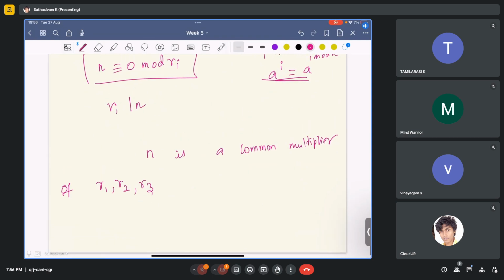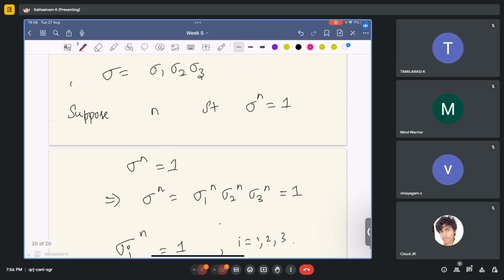Okay, so n is a common multiple. That means what? LCM divides n. Because n is a common multiple and LCM is the least common multiple, and this is one of the properties of LCM. You know that if you have any other multiple, then the LCM divides that multiple. Okay, so in particular, what we have proved is the LCM.